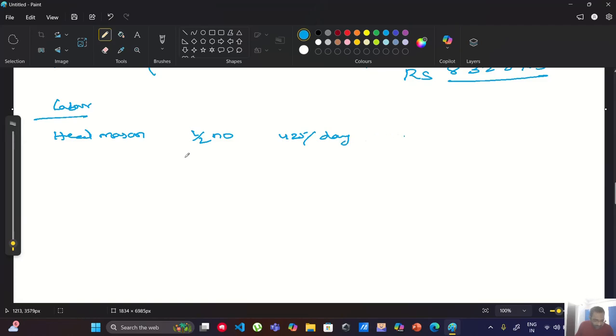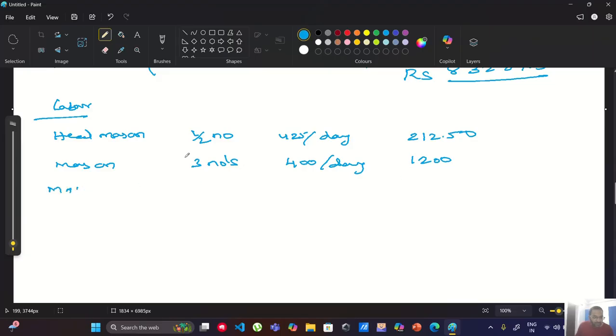Labors we have to calculate per day. The cost is 212.50. And machine, I am considering three numbers for machine. I already discussed. Machine cost is 400 rupees. Nowadays no one will come for 400 rupees, I'm saying this is the textbook concept. 1200 for three numbers is the cost.